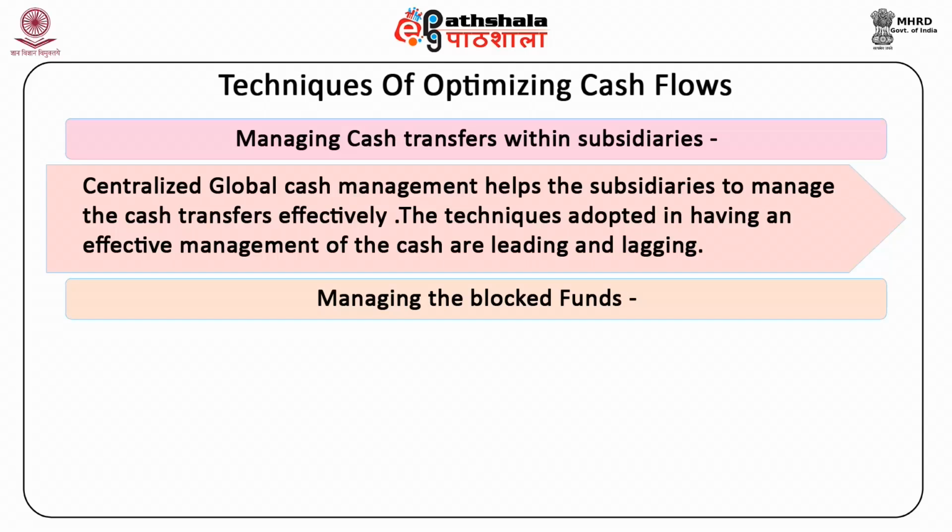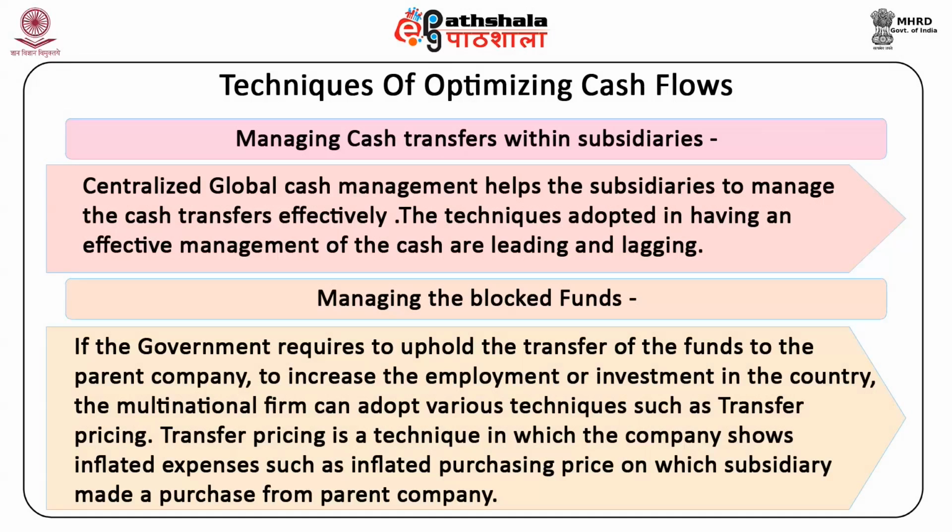Managing the blocked funds. If the government requires to uphold the transfer of the funds to the parent company to increase the employment or investment in the country, the multinational firm can adopt various techniques such as transfer pricing.